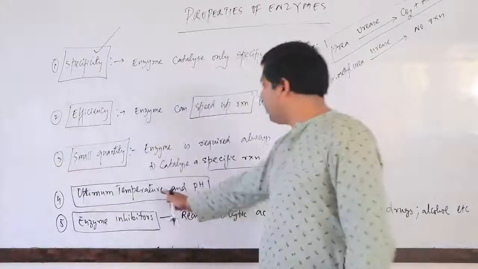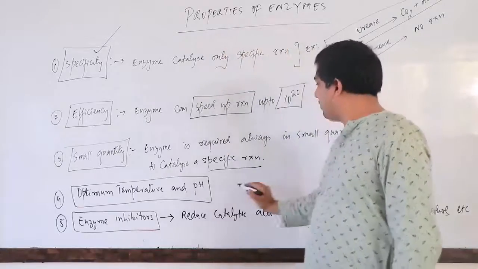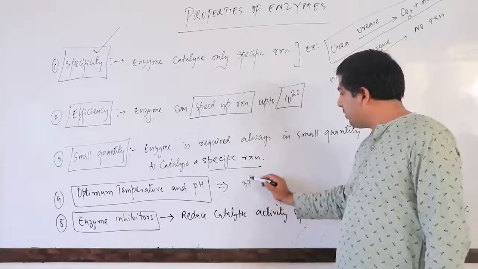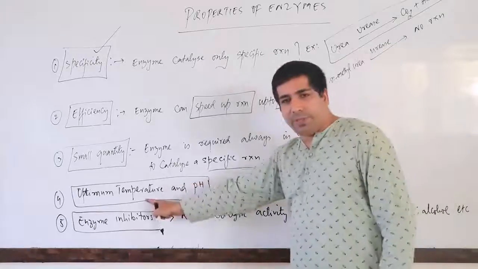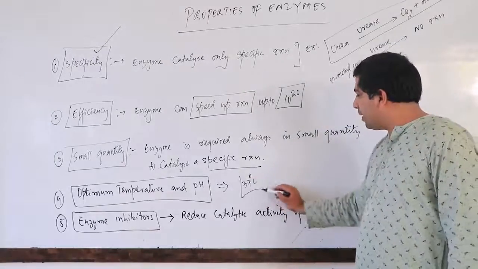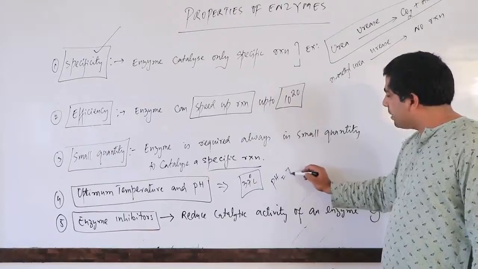So the optimum temperature and pH at which an enzyme will act: the temperature is taken as 37 degrees Celsius, which is the optimum temperature for enzymatic function, and the pH is taken as nearly neutral, that is 7.